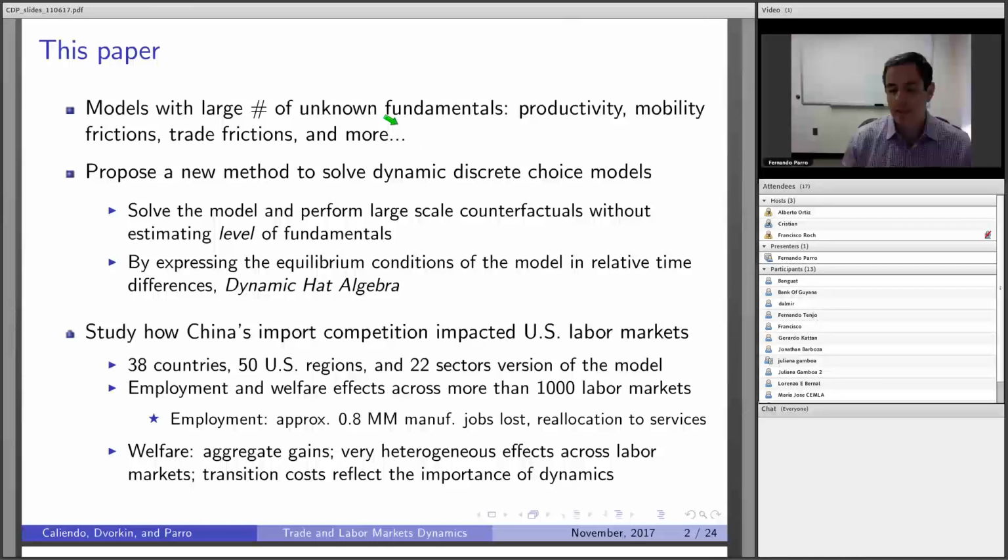During the presentation, I'm going to discuss several results that we have in the paper, but here let me highlight a couple of them.